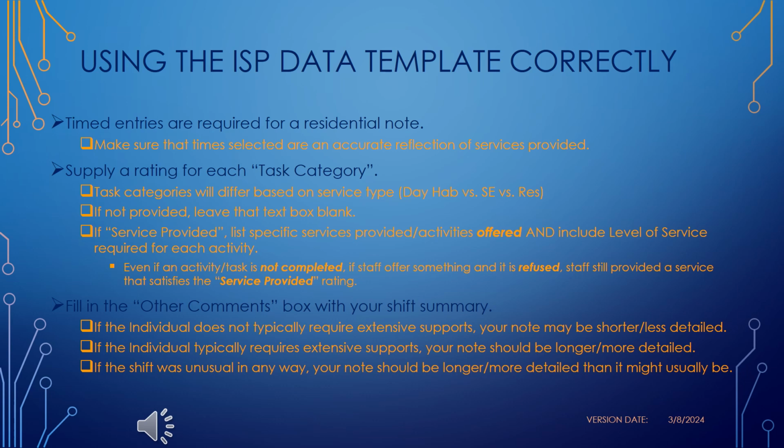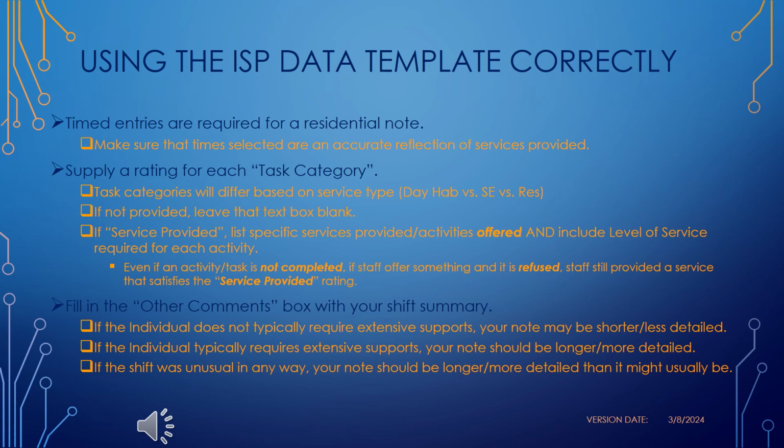When completing the task categories section, if the service was provided, staff should say that the service was provided by selecting that from the drop-down menu. Then, staff need to list all services or activities from their shift and the level of support required to complete or attempt that service or activity in the corresponding text box. Staff can do this a number of different ways.